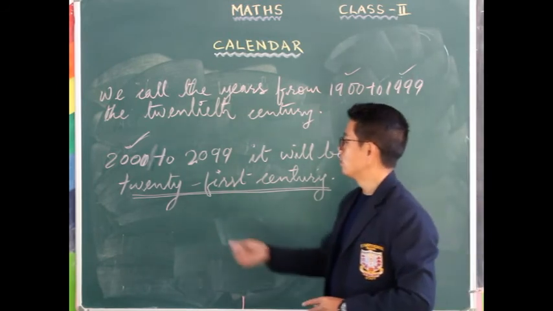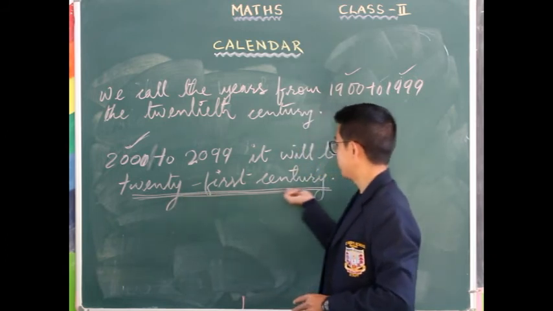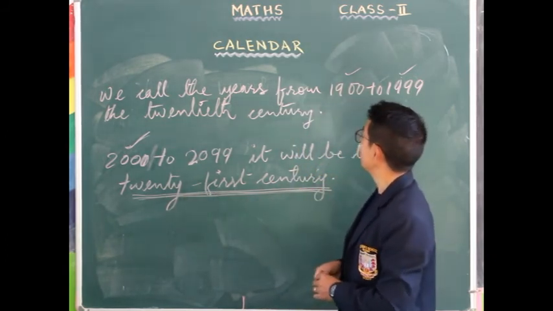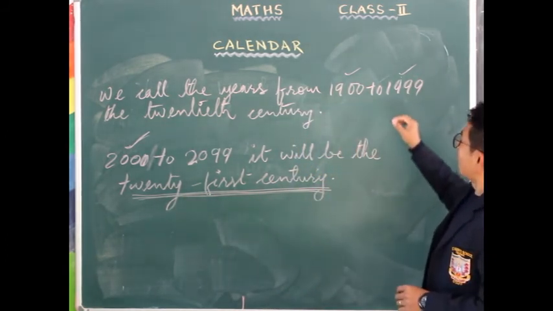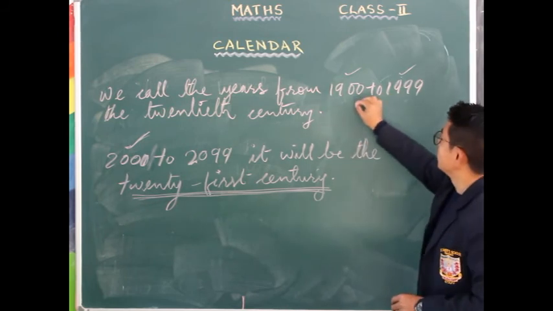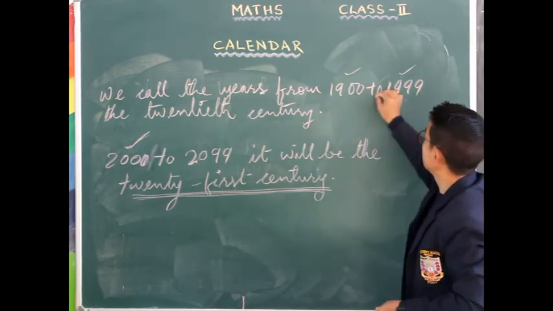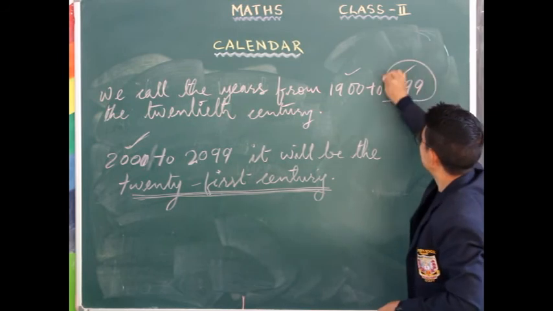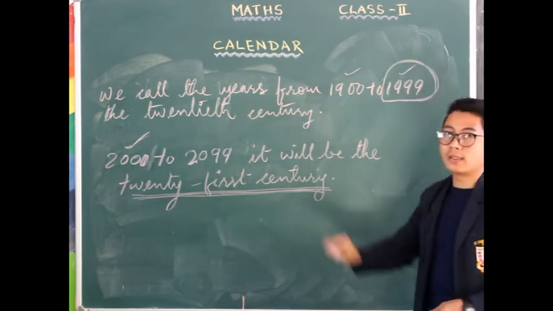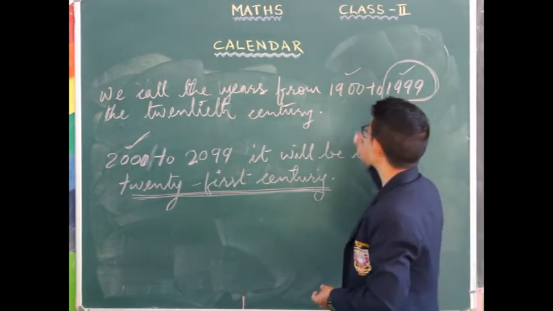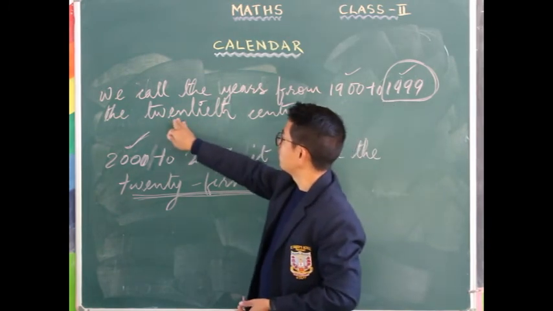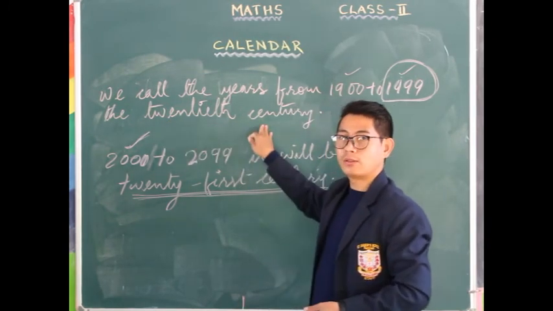Our date of birth comes under the 90s category, so we can say we are from the 20th century.